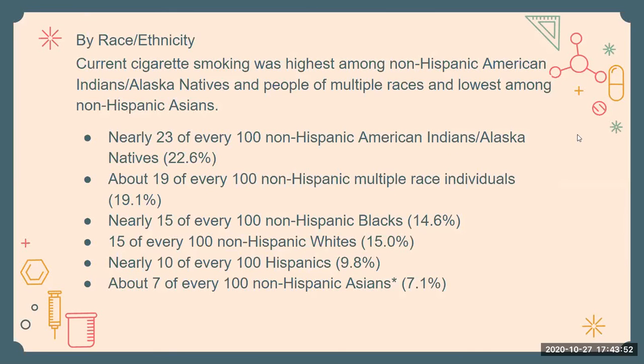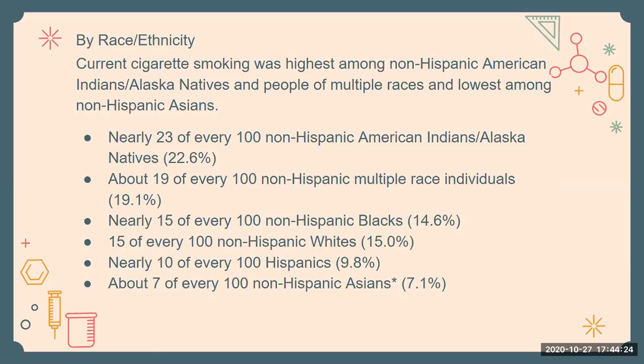By race and ethnicity, current cigarette smoking was highest among non-Hispanic American Indians and Alaska Natives and people of multiple races, and lowest among non-Hispanic Asians. Nearly 23 of every 100 non-Hispanic American Indian Alaska Natives, 22.6%. About 19 of every 100 non-Hispanic multiple races individuals, 19.1%.